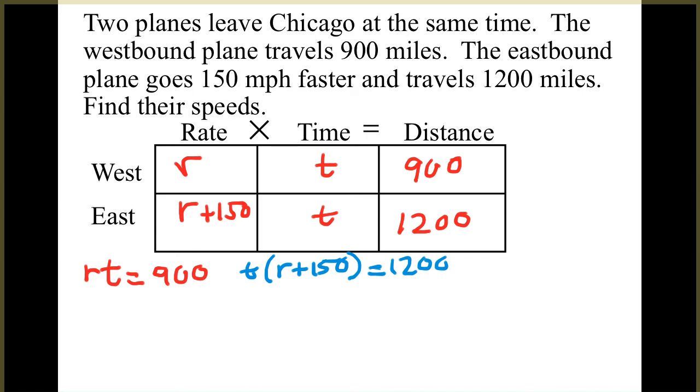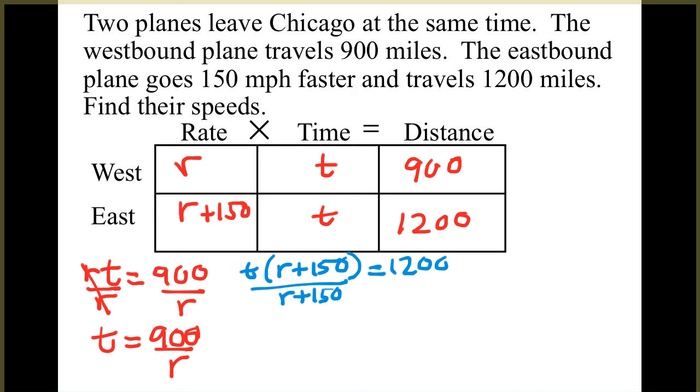So in the first equation, I'm going to divide both sides by r. What I'm left with is t equals 900 over r. The second equation, I'm going to divide by r plus 150. And what I'm left with is t equals 1200 over r plus 150.